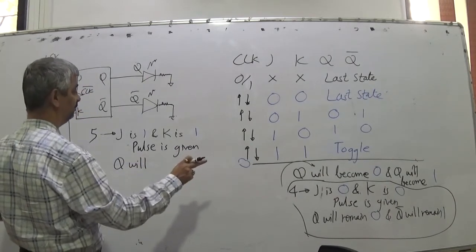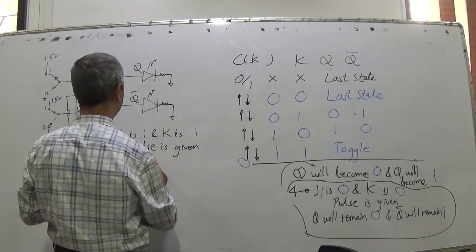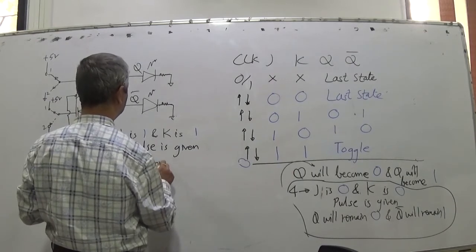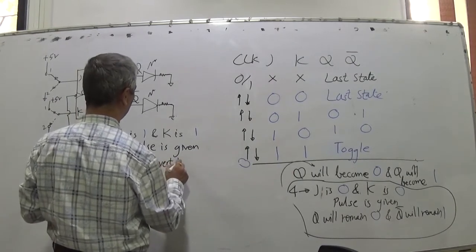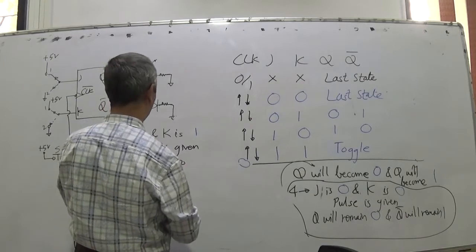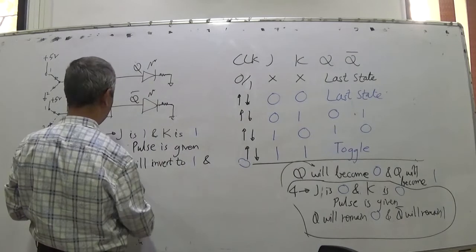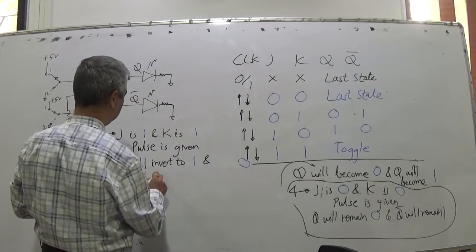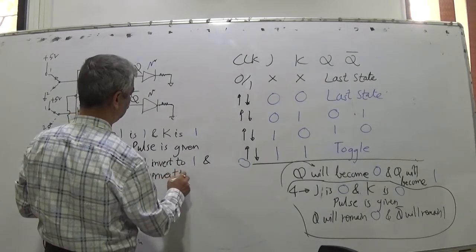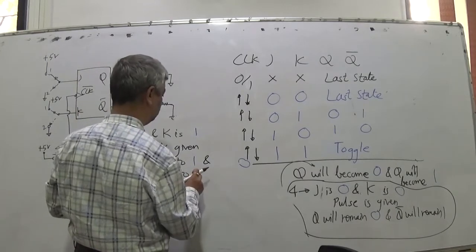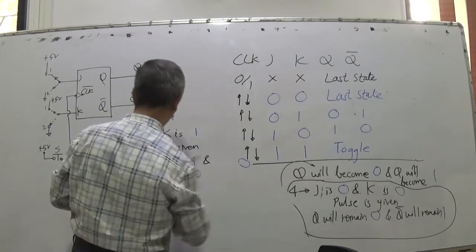Pulse is given. Then what was Q? Q was 0. Q will invert or complement to 1 and Q bar will invert to 0. It was 0 and 1, it will be 1 0.